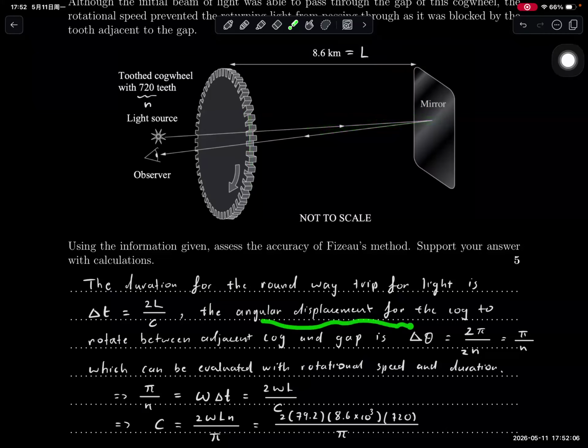We want the rotation to go from a gap to a tooth, so the angular displacement is the revolution angle, 360 degrees or 2 pi, split into 2n parts, so we divide it by 2n. From a gap to a tooth is one part of the 2n parts of the whole revolution. Does that make sense?